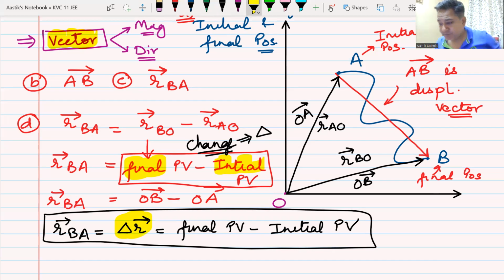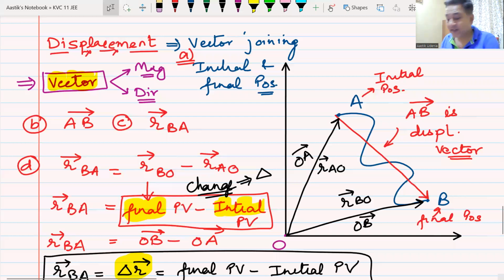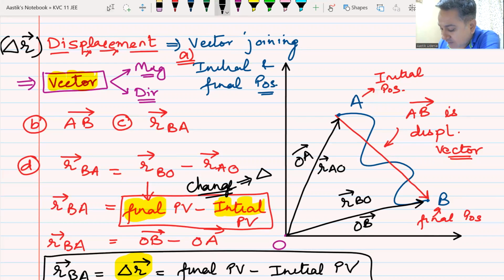Please raise your hands. So with this terminology, whenever I define displacement or symbolize displacement, I will always symbolize it by this vector, delta R vector. As soon as I write delta R vector, you will understand delta means change, R means position, arrow means vector.